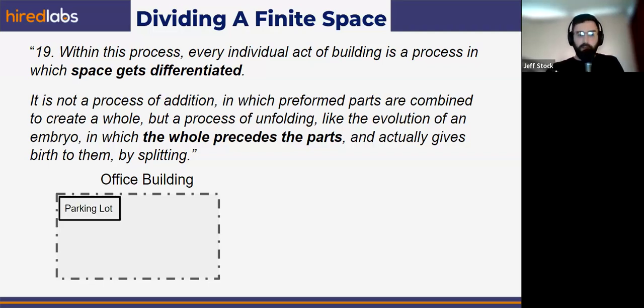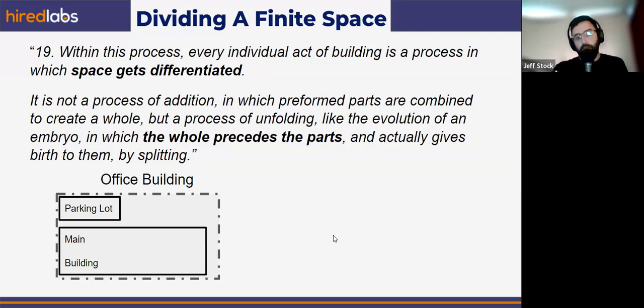You have things like parking lots, which can look many different ways, but take up this space. You have a main building within this space, and within that main building, a lobby and offices in the background. Again, it's further delineation. Within the lobby you could have couches or different areas for people to stand, wait, or sit, and all kinds of further delineation as you break it down.